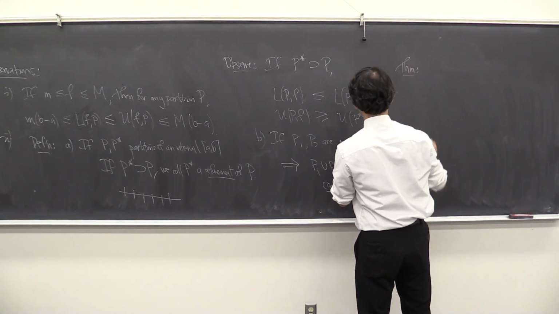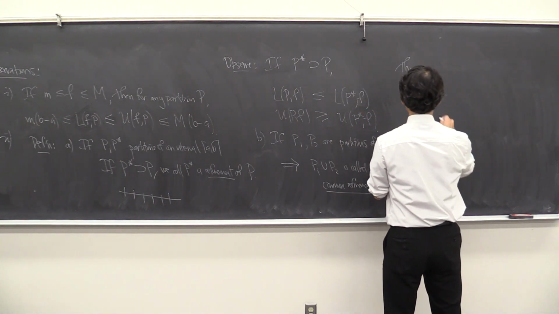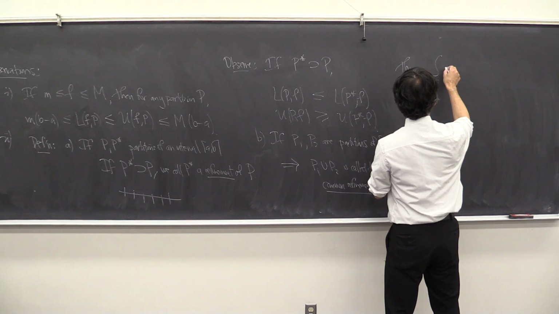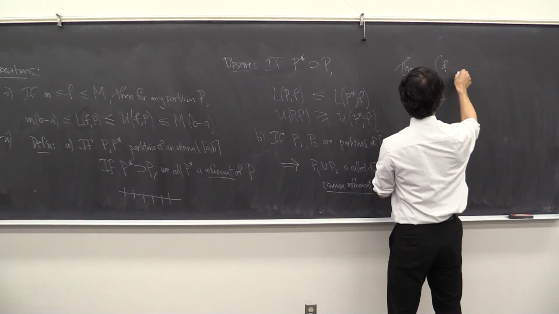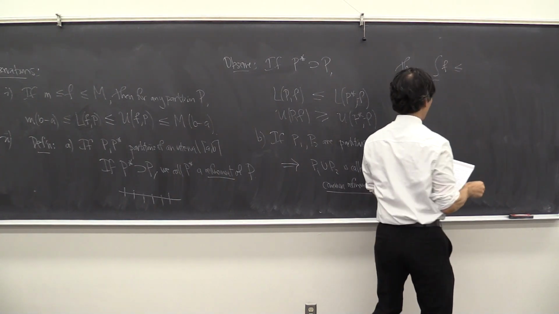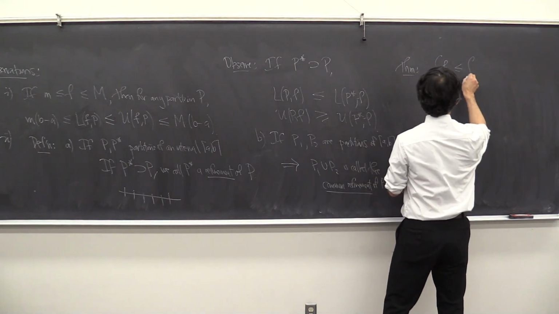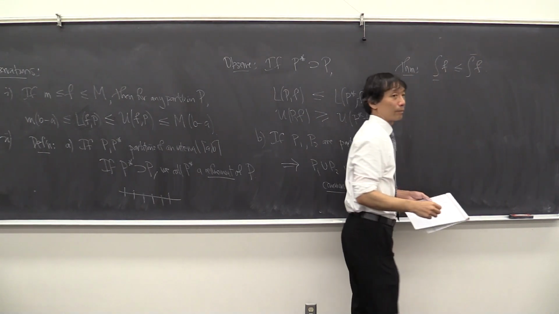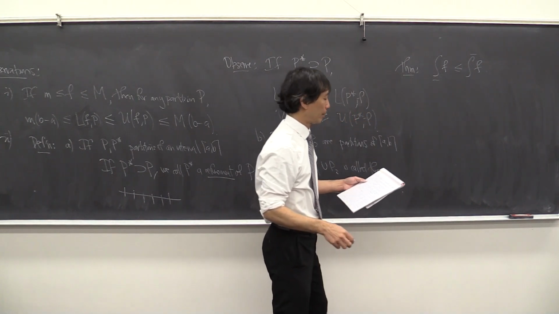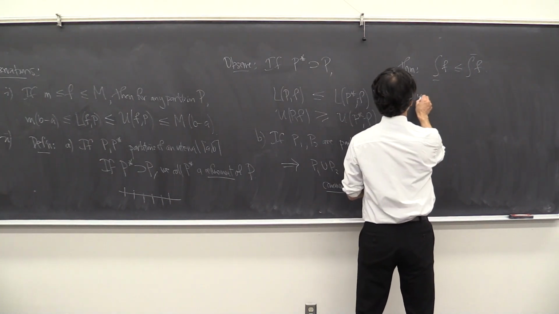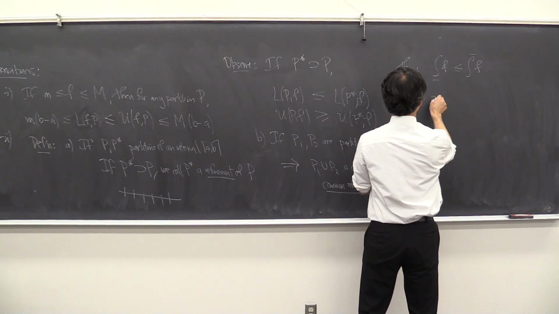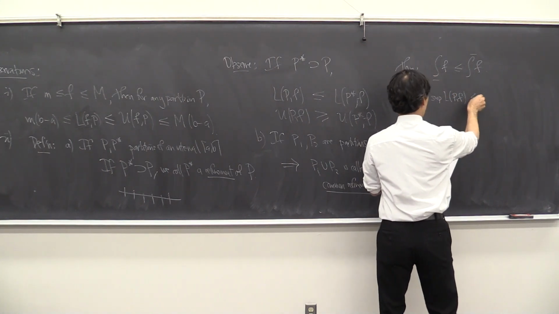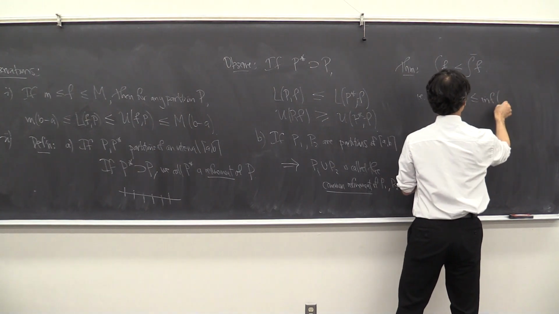Okay, so here it is. Theorem: if you look at the lower Riemann integral, then it's always less than or equal to the upper Riemann integral. In other words, the supremum of the lower sums is always less than or equal to the infimum of the upper sums.